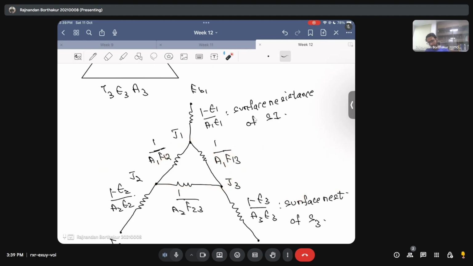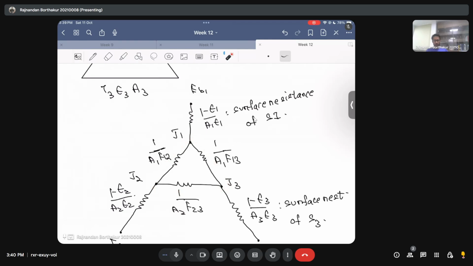Because the surface resistance is 1 minus epsilon i by Ai epsilon i for i equal to 1 to 3, and for black surfaces epsilon i is 1, which means this will come out equal to 0. So the associated surface resistance for a black surface is 0 because their emissivities are equal to 1. Then, as I said, you'll only have this part of the radiation network coming into the picture.